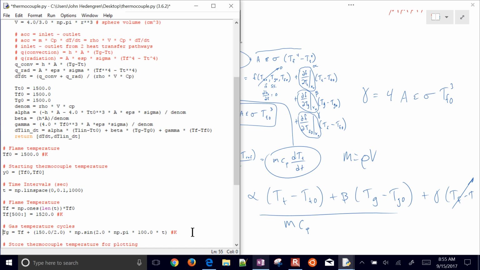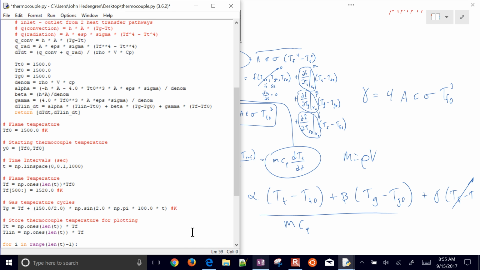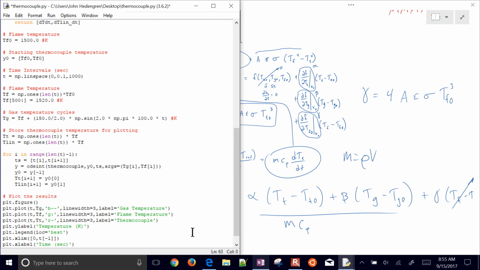Okay, and then we have the gas temperature, which is going to be the flame temperature plus that oscillating value. Okay, and then we store the linear and the nonlinear temperatures there. We're going to run through this and just store them and then plot them.